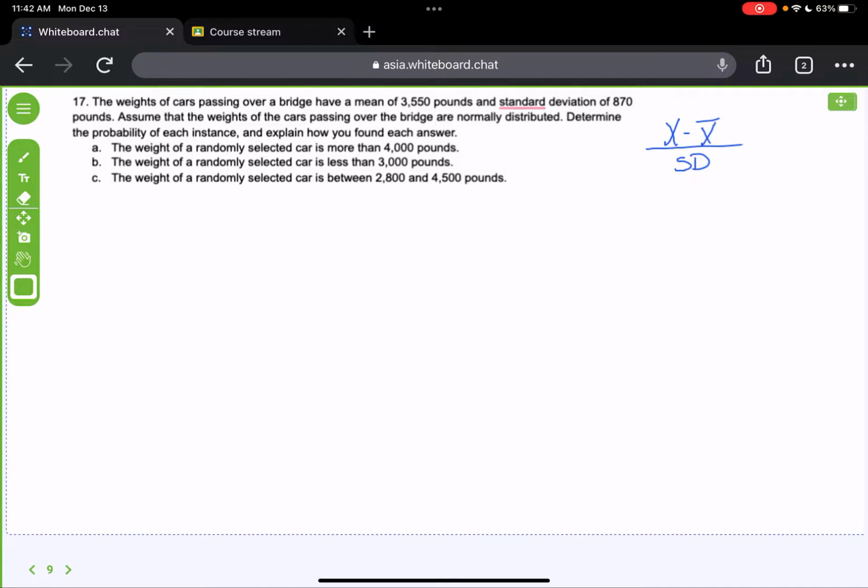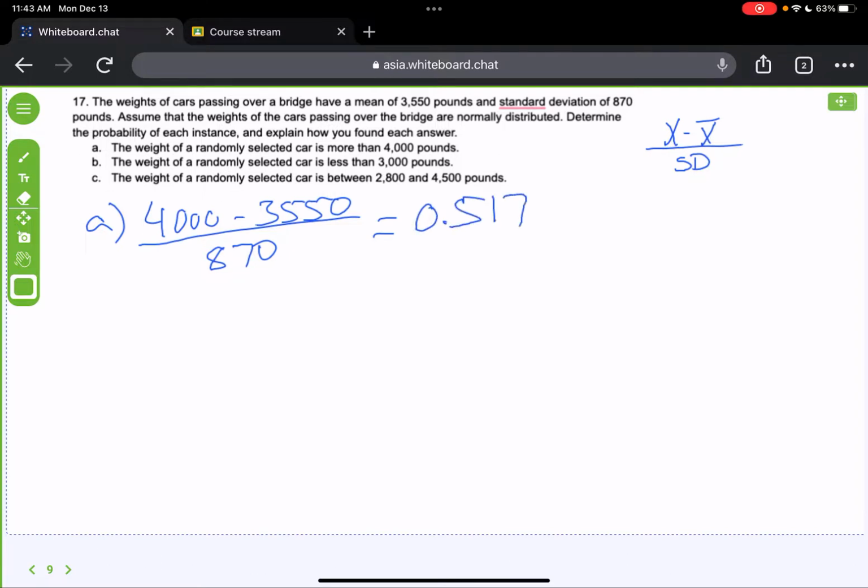So for A, we would say 4,000 minus 3,550 divided by 870, and that's going to equal 0.517.